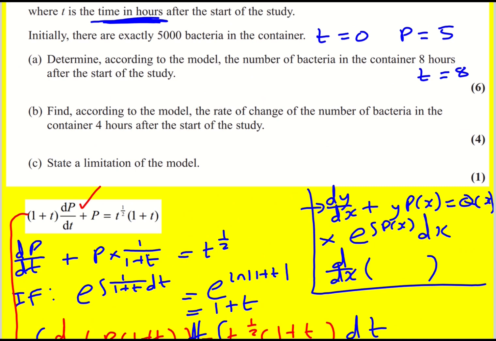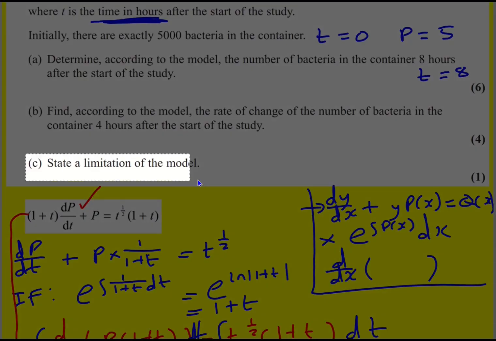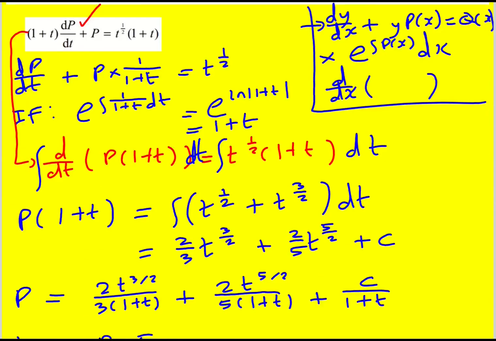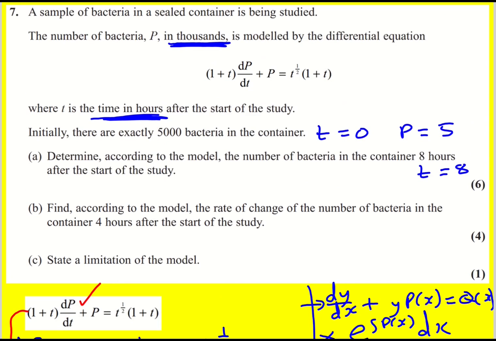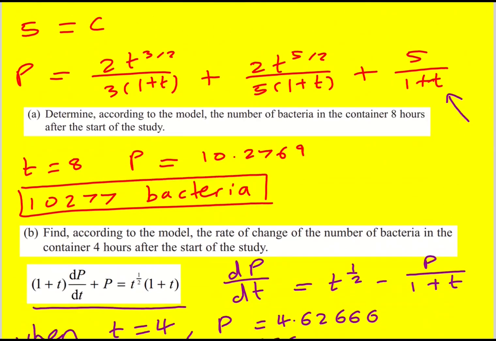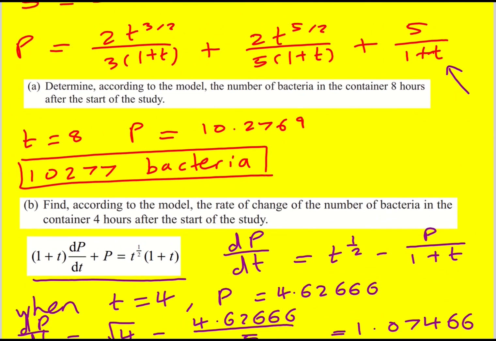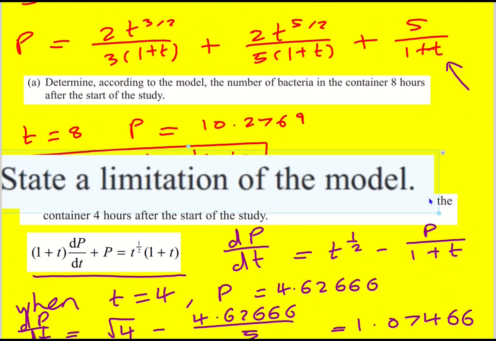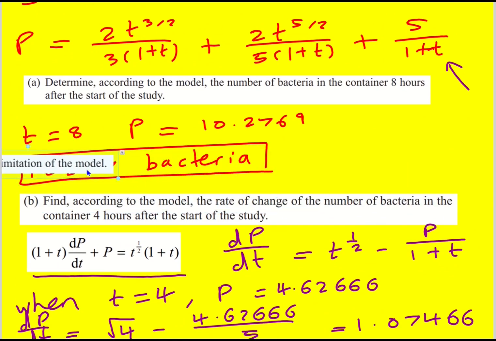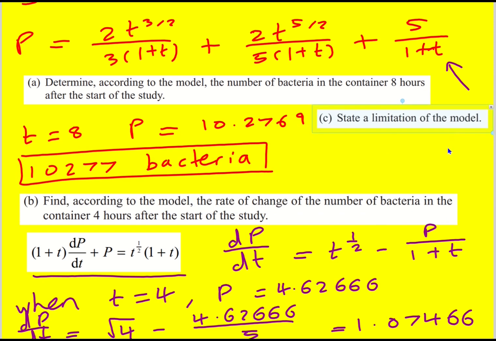Finally, state a limitation of the model. Okay, now it's not really talked about any assumptions here, so the limitation is in reference to our actual solution. And normally it's things like what happens when the time becomes large. So as time approaches infinity, that's not what I normally write down. Actually, this term here is going to approach infinity.